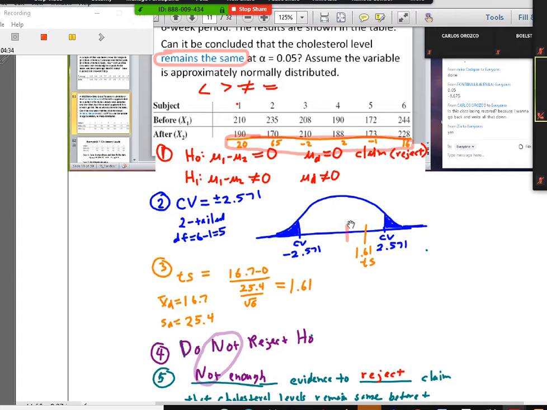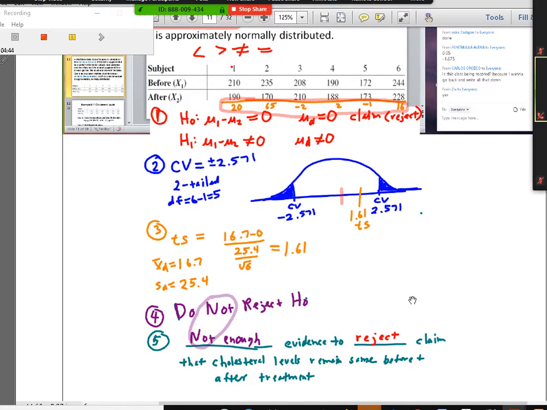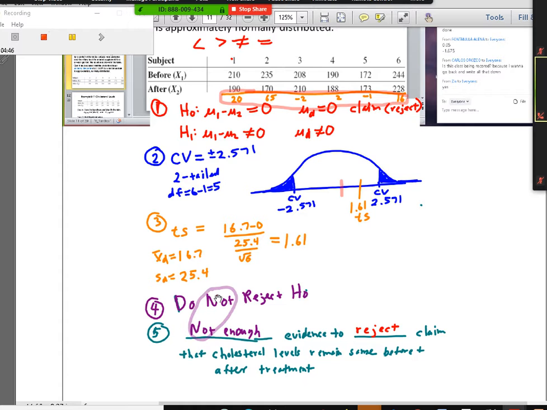That goes in here, completely in the do not reject range, the not guilty range, not enough evidence, so we do not reject H naught, which means that since we did not reject H naught, we do not have enough evidence to, and here's the thing, since H naught is my claim, I'm going to use the word reject here. Not enough evidence to reject the claim that cholesterol levels remain the same.